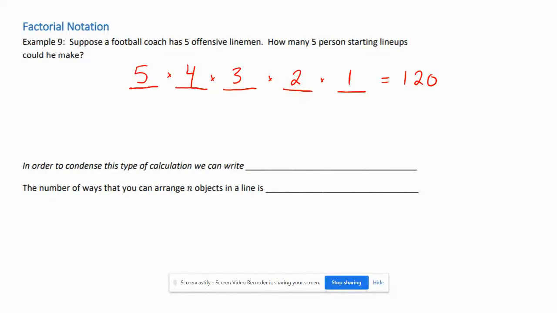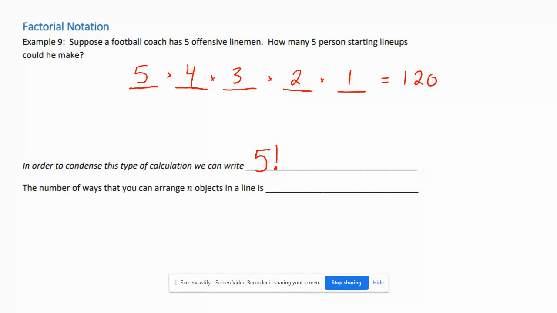Okay, so what we see, guys, we see these type of calculations a lot. And in math, we always want to be able to simplify and condense something like this. So in order to condense this type of calculation, we can write this. Now guys, I know this looks like the strangest math symbol you've ever seen.